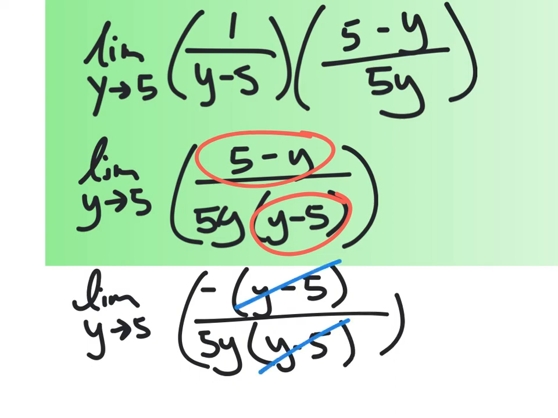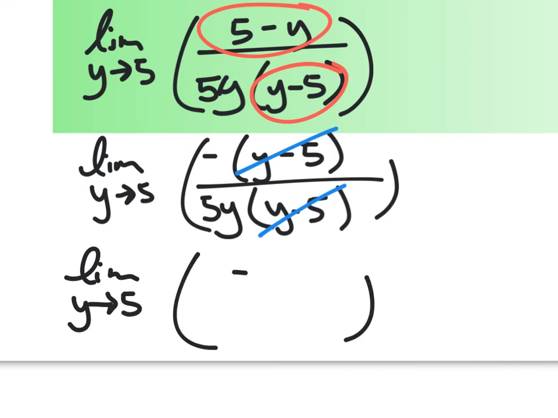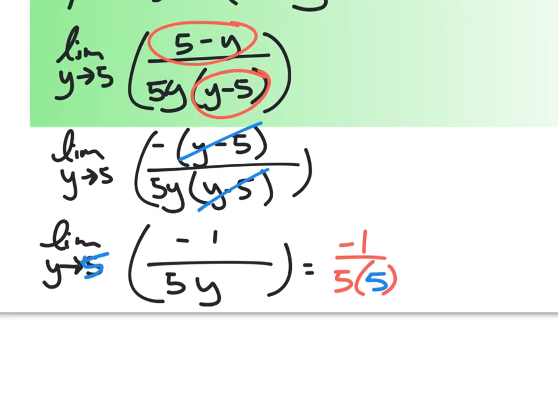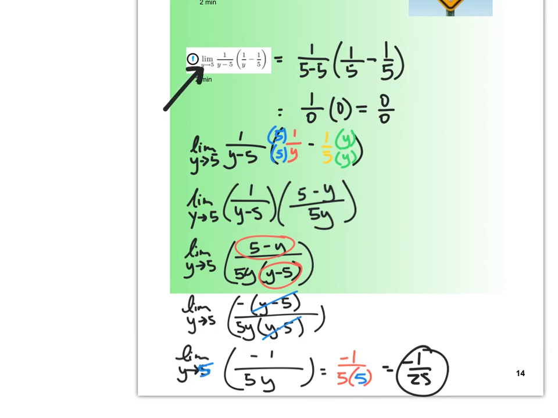Therefore, these two would cancel. That means there's a hole in this graph at y equals 5. Therefore, we can now do a direct substitution. Negative 1 over 5y. If I do a direct substitution, that would be negative 1 over 5 times our inputted 5. And it looks like we're going to get negative 1 over 25. So that limit, as y approaches 5, would be negative 1/25.